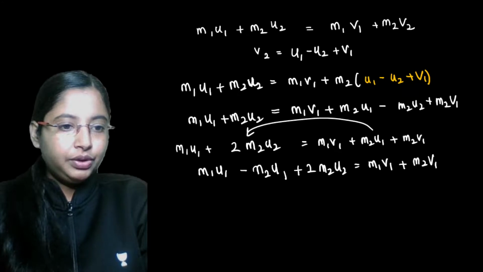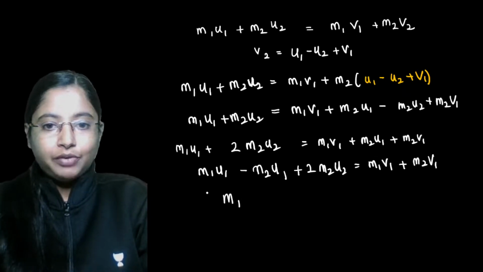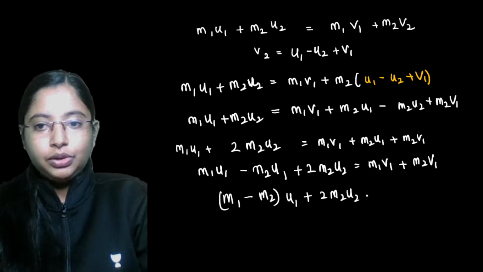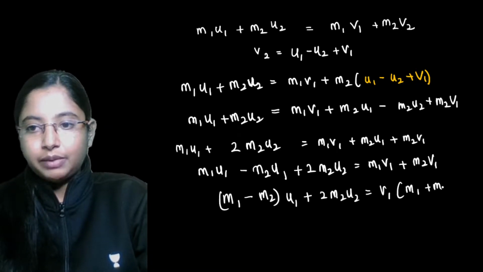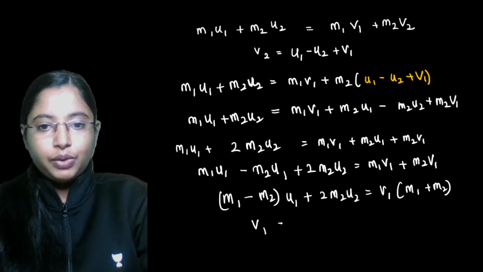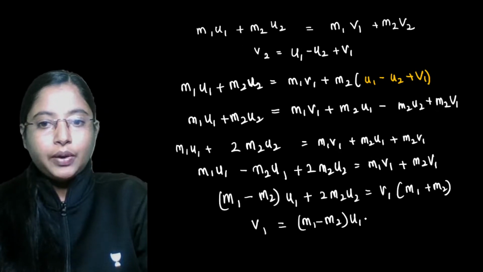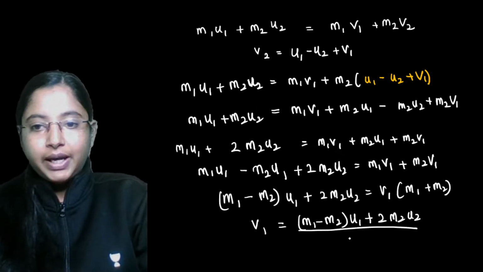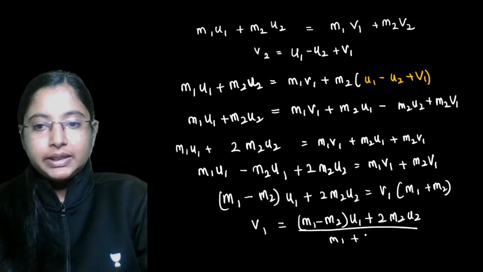Now let's take m1 minus m2 commonly outside with u1, plus 2 m2 into u2, which is equal to, here v1 we can take commonly outside, we get m1 plus m2. So from here, v1 is nothing but m1 minus m2 into u1, plus 2 m2 u2, divided by m1 plus m2.